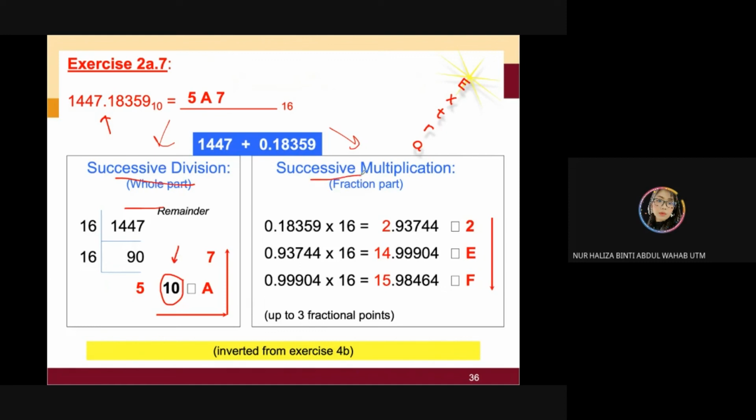And for the successive multiplication also, you need to check the numbering. You're going to see how to convert. You can see if it is 14, you cannot have that in hexadecimal, so you need to convert to the symbol E. And 15, you're going to change this into F.